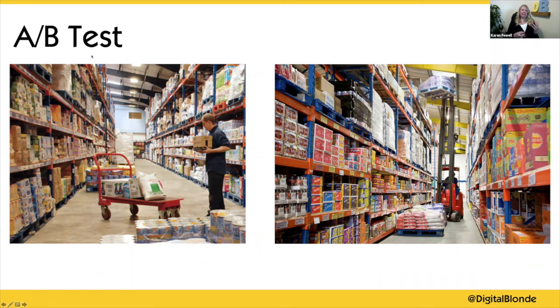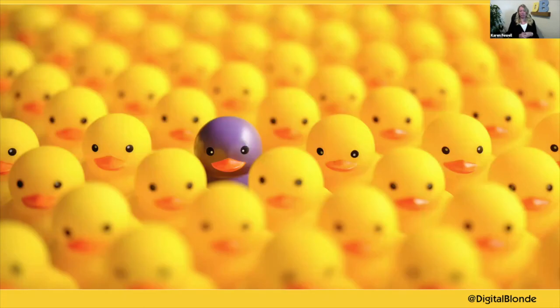Does copy style A work better than copy style B? Does it work better when I use this button compared to this button? All of these are experiments that you can run to work out what's performing for you. And then you can use that as a guideline for your organic content as well as your advertised content.